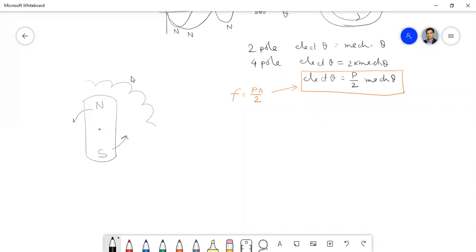And suppose you have some coil wound here. Then the same thing you will have in the static coil. So then that means the same DC machine we can also think of. Suppose we rotate the magnet, and suppose we have the armature coil in the stator, then also the similar thing you will get.